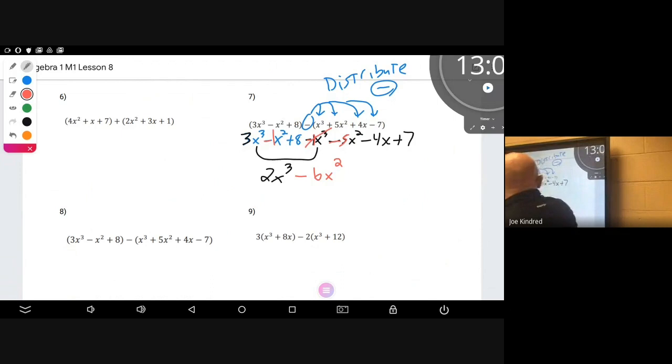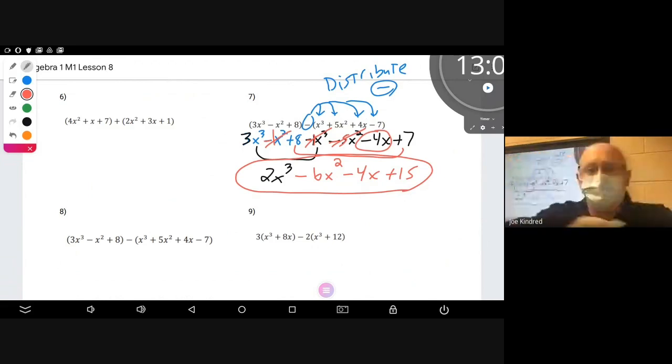And sometimes it's helpful to cross these out. What's left is 8 and 7. You have a -4x, you have an 8 and a 7, and so that's why we get our final answer. And this is another way to look at adding polynomials. When you subtract, it might help to distribute the negative through first.